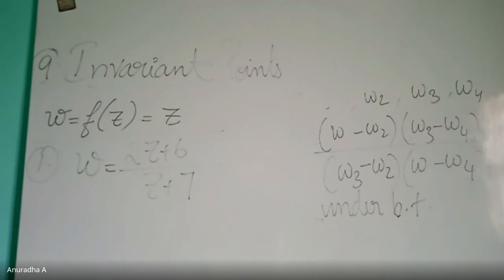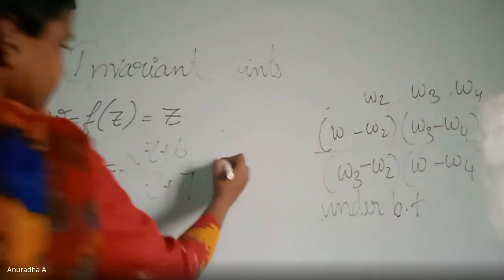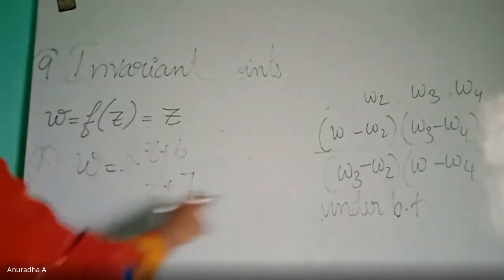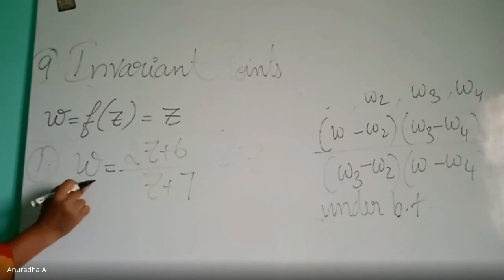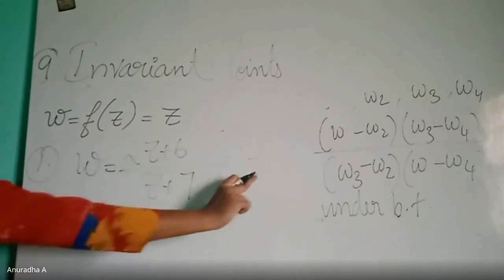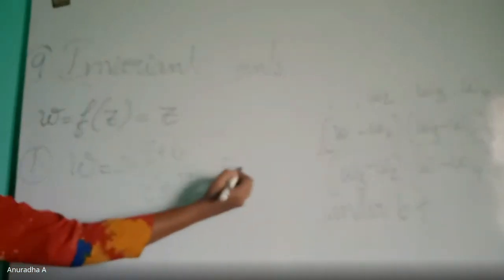Find the invariant points, they will say. What we have to do is just equate it to z and solve this for z. That's all. Find the invariant points; one relation like this they give. We have to equate w equal to z.